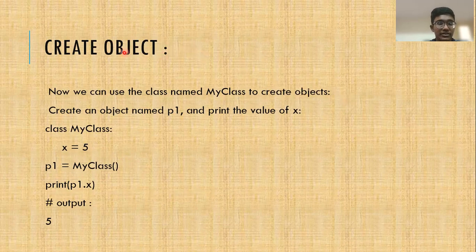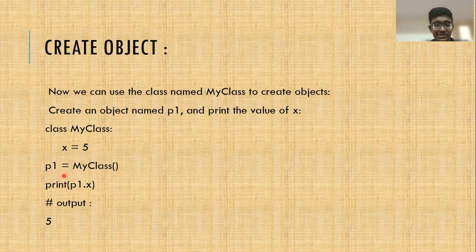Now we shall create an object. Now we can use the class named myClass to create objects. Create an object named P1 and print the value of X. In the previous slide, we created a class named myClass and set X equal to 5. Now we shall create an object P1 which is of class myClass.